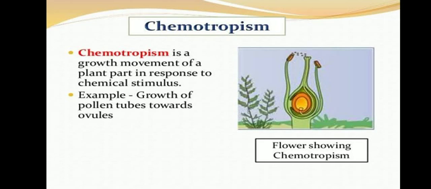Naturally, the ovule turns into the fruit. For that purpose, the movement of pollen takes place inside the flower towards the ovule. This is a kind of chemotropism. Here also movement takes place. The pollen moves. So this is a good example of chemotropism.